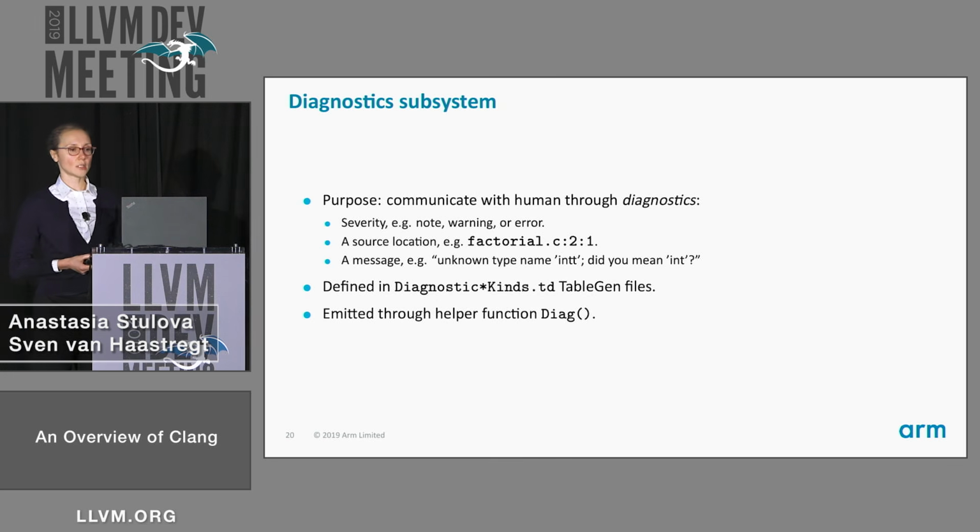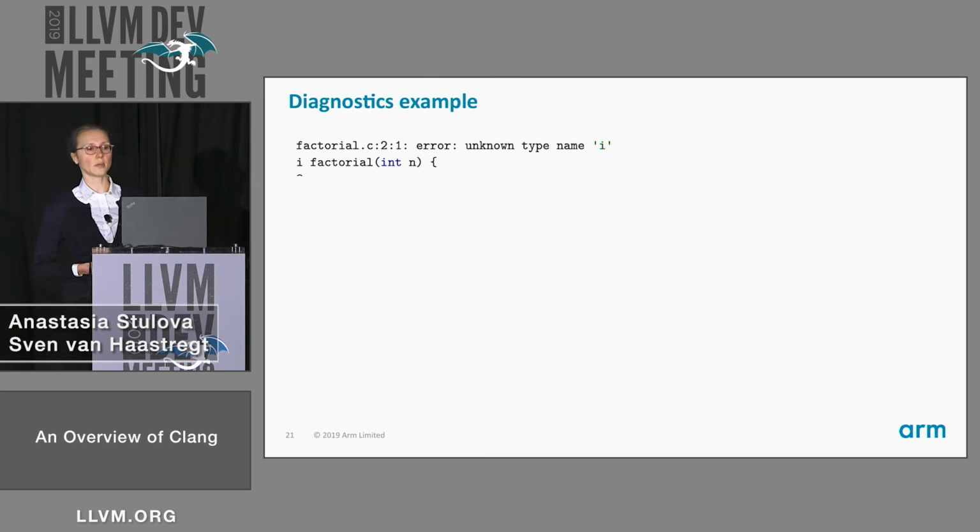All the diagnostics are defined in special files, TableGen files. We're going to talk about TableGen files in a little bit more detail later. But just to point out, for diagnostics, the name of these files is normally Diagnostic-something-Kinds.td. And there is a helper function, diag. I already mentioned it, and I'm going to show an example here. So let's come back to our example.